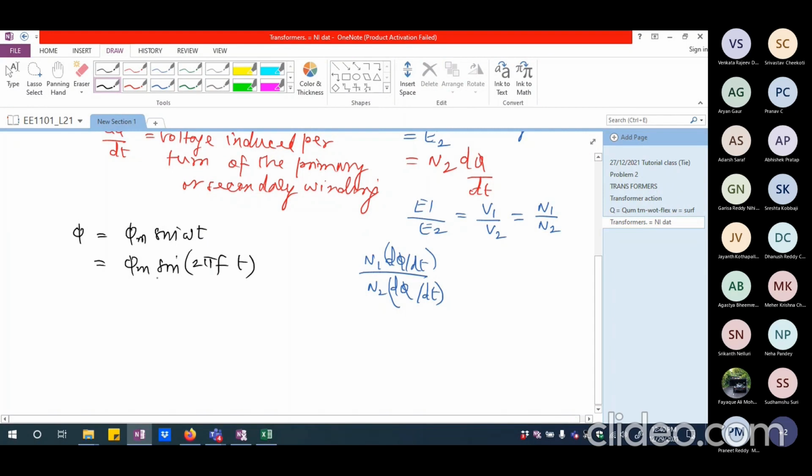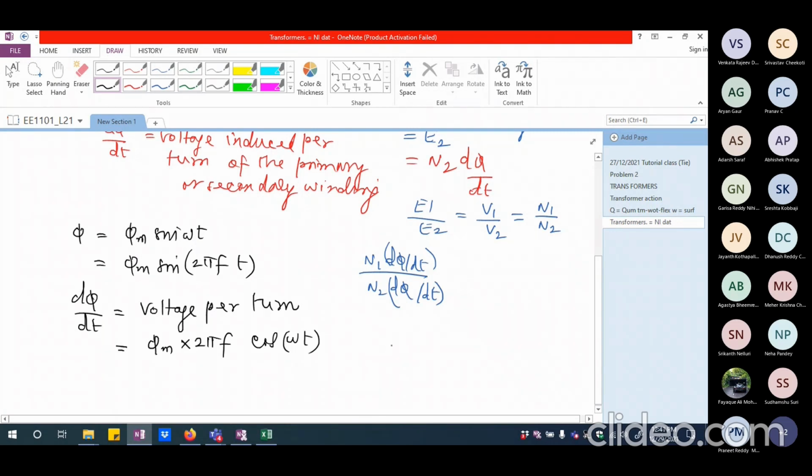So I can write d phi divided by dt, which is voltage per turn, as phi m multiplied by 2 pi f multiplied by cos omega t.